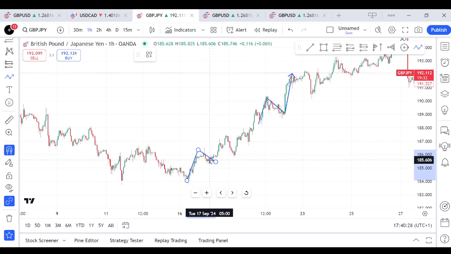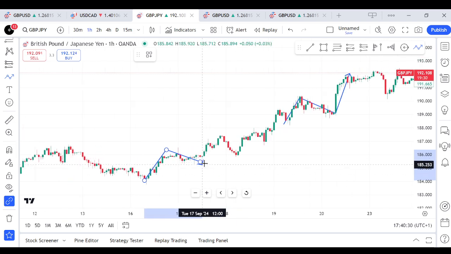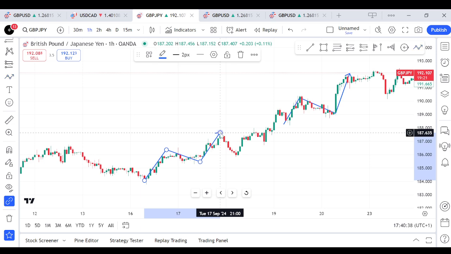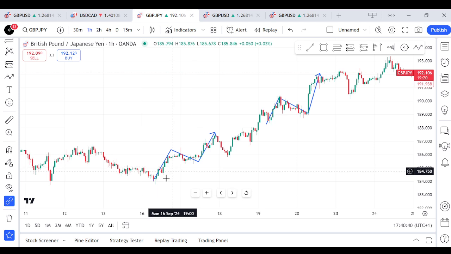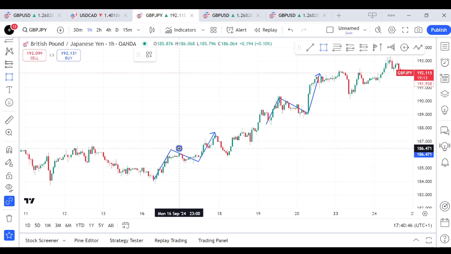I'm just going to zoom in here. You can see these wicks and indecisive movement here. Then you now have the second rally. So rally, the base, and the final second rally. You can see this is your base right here.